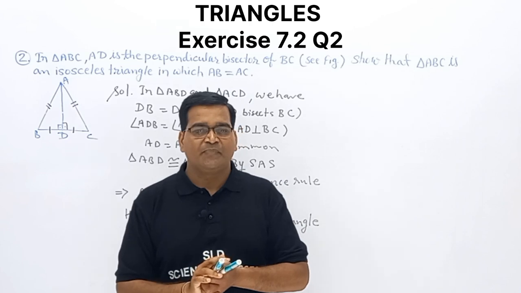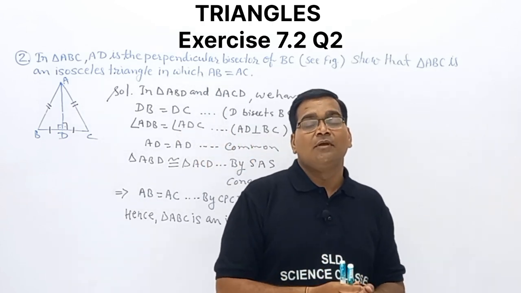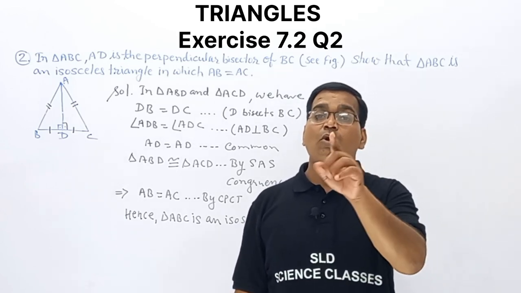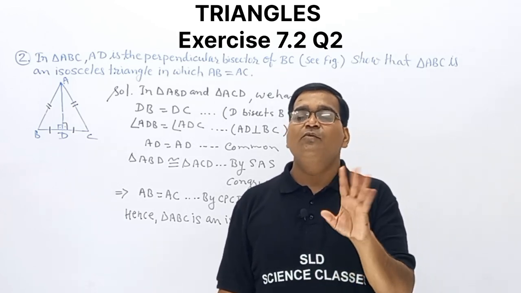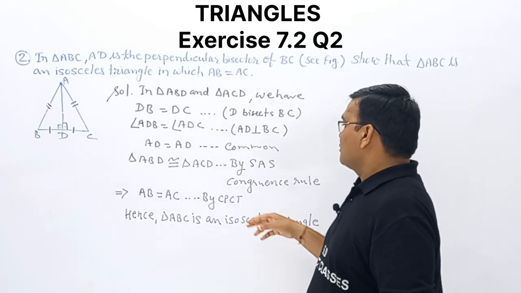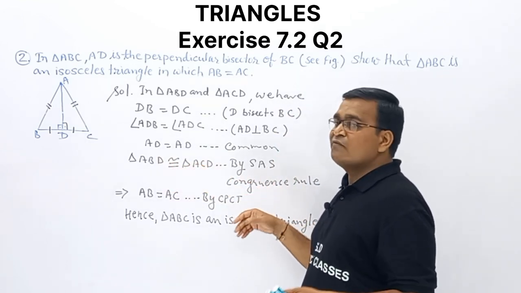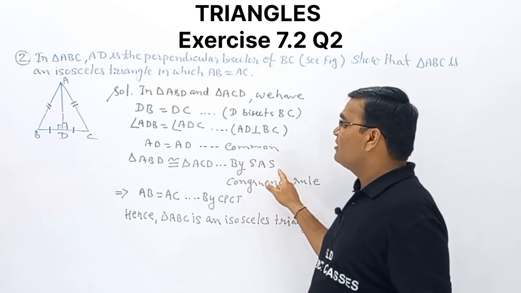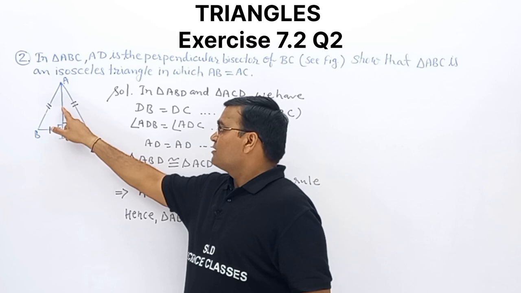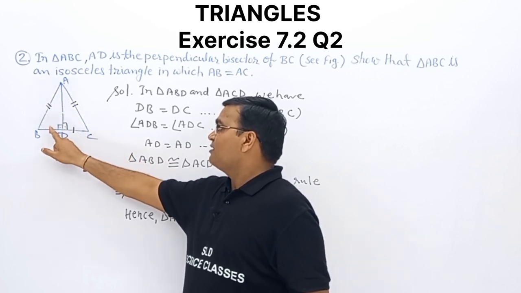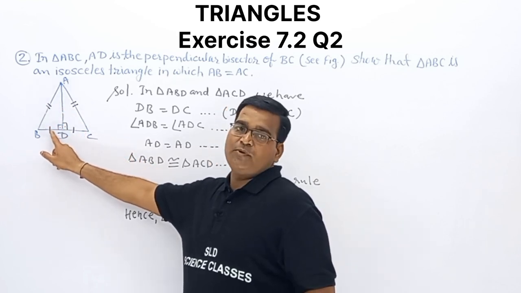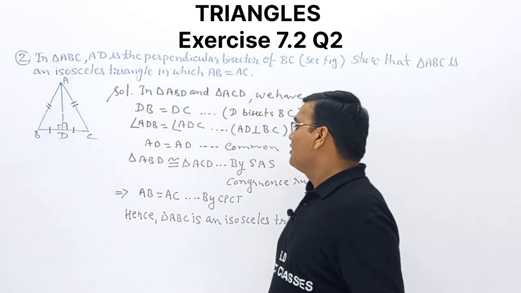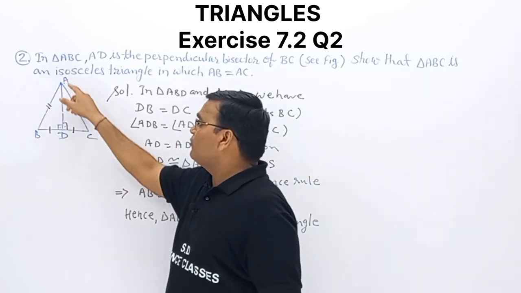Three things we obtain, and from these three things we can say these two triangles are congruent by using a congruence rule. In a congruence rule we require three things. So these two triangles are congruent by the side angle side congruence rule. So automatically this side will be equal to this one.